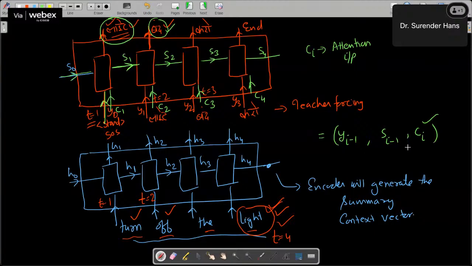Either it will be a vector, or a scalar, or maybe a matrix. And what should be the dimension of this ci?